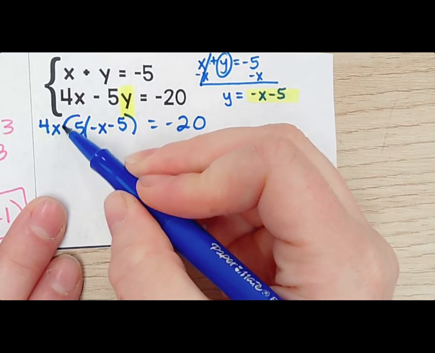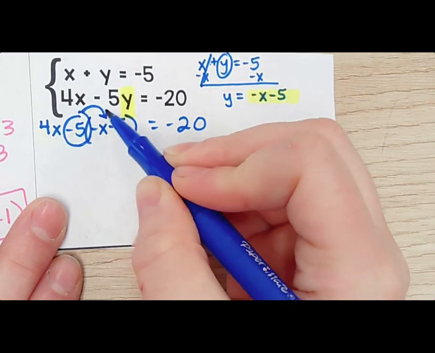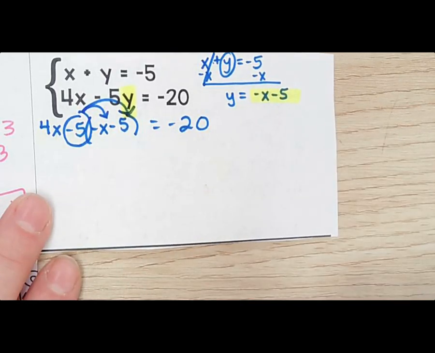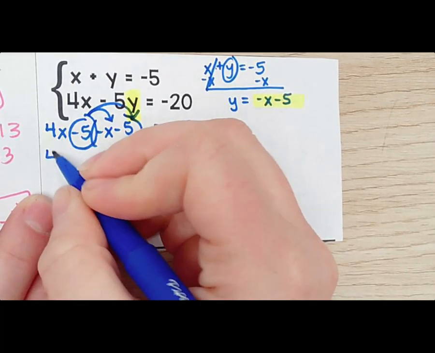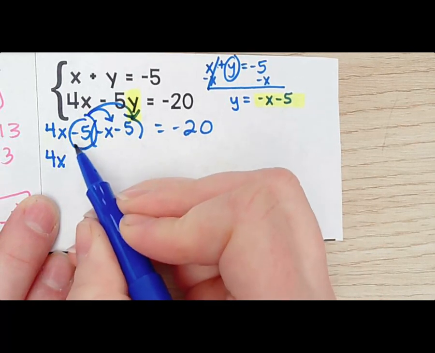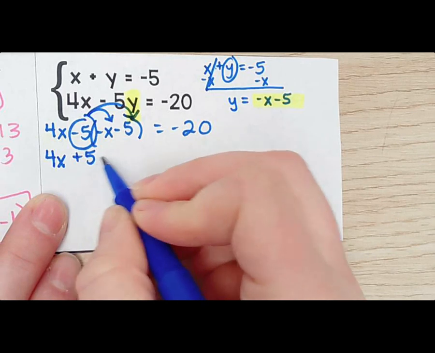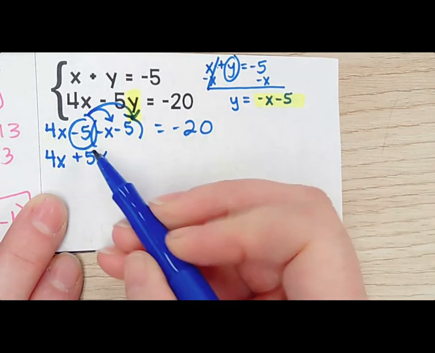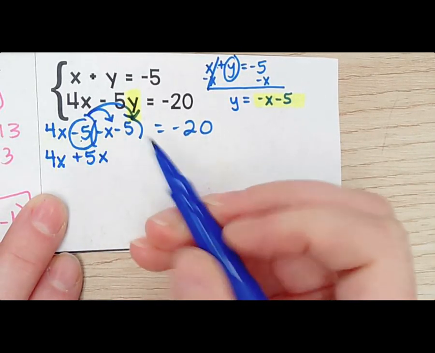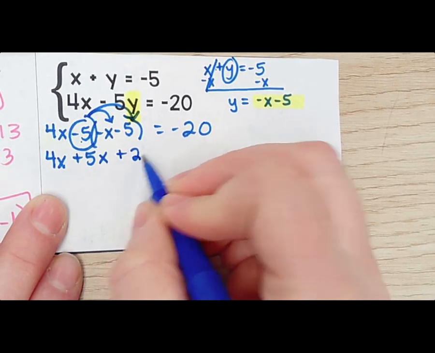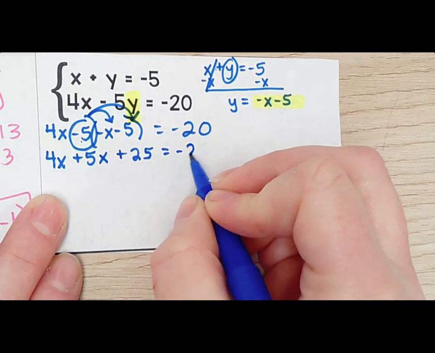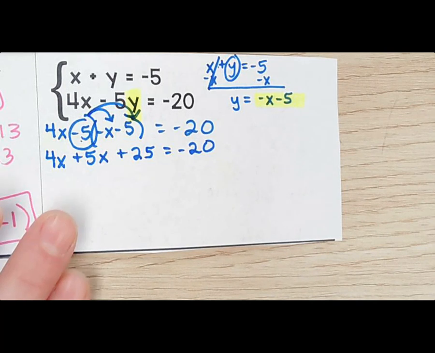So we need to distribute this -5 all the way through. So it's 4x, and then -5 times -x becomes plus 5x. -5 times -5 is positive 25, and then equals -20.